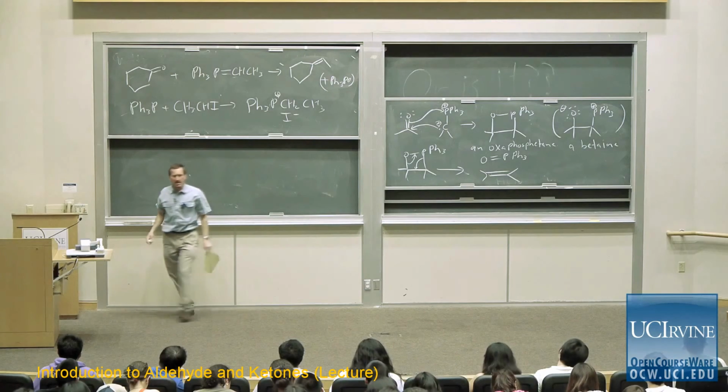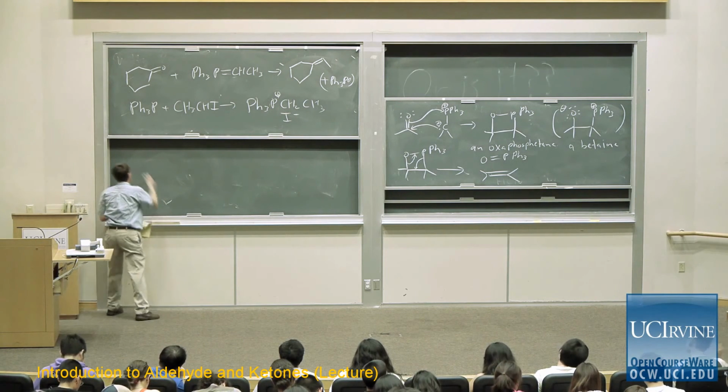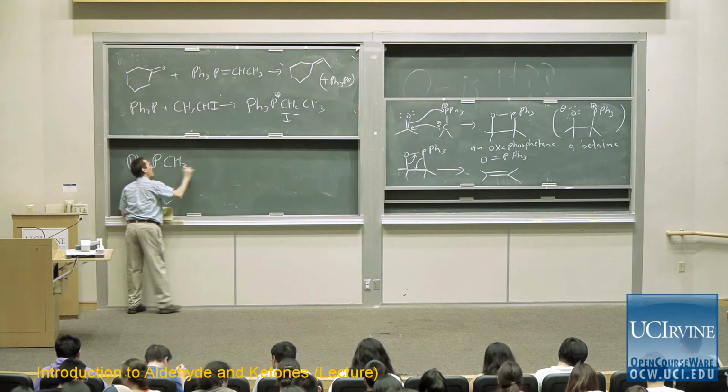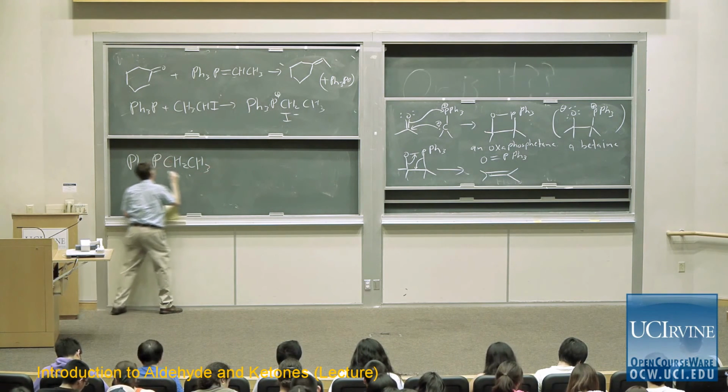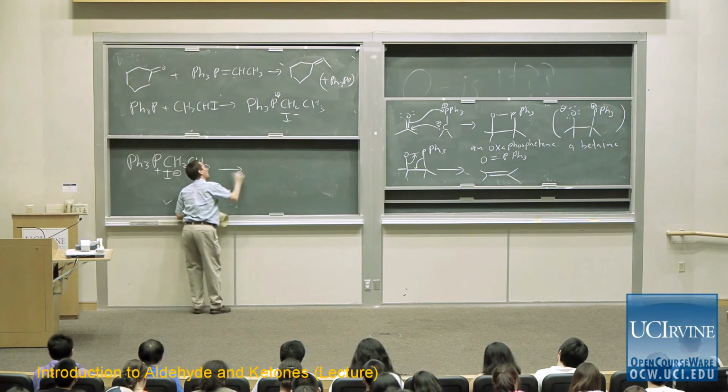And now, again, in the laboratory, you would then make your own ylide. You would treat your ethyl triphenylphosphonium iodide with a strong base, like butyl lithium.